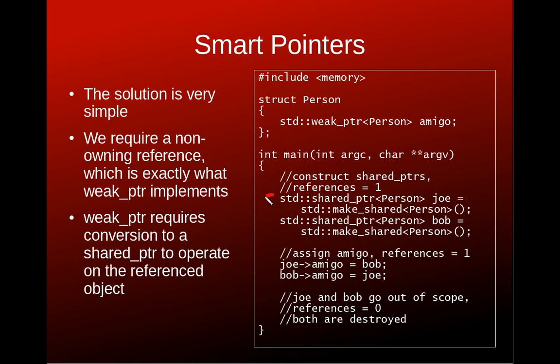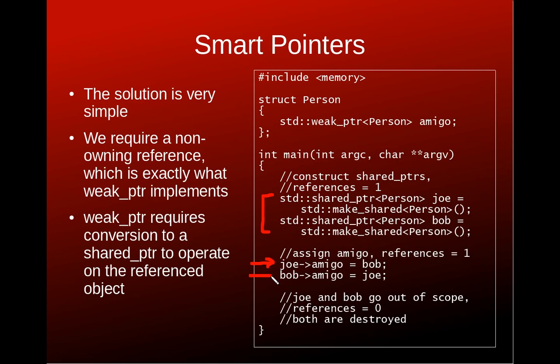So we create Joe and Bob, shared pointers to person objects, and then we say that Joe's amigo is Bob. So references to Bob, where it was previously incremented there, is no longer incremented because weak pointer will not affect the reference counting.